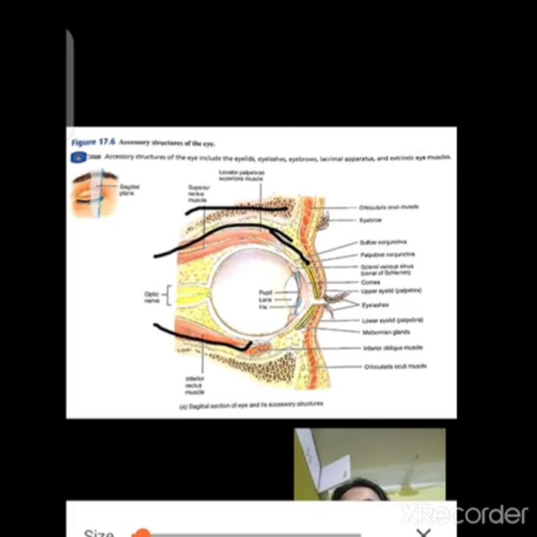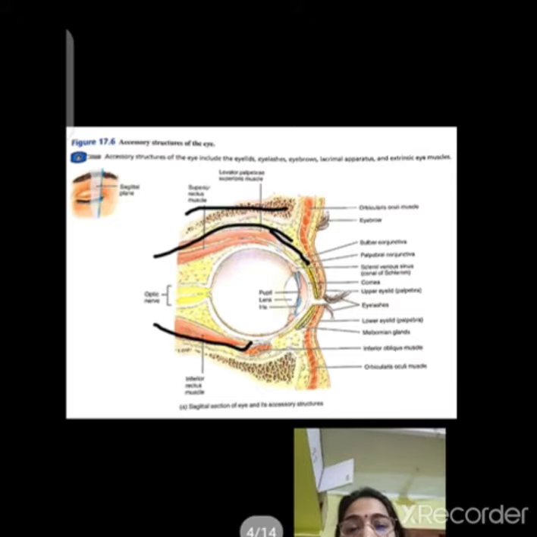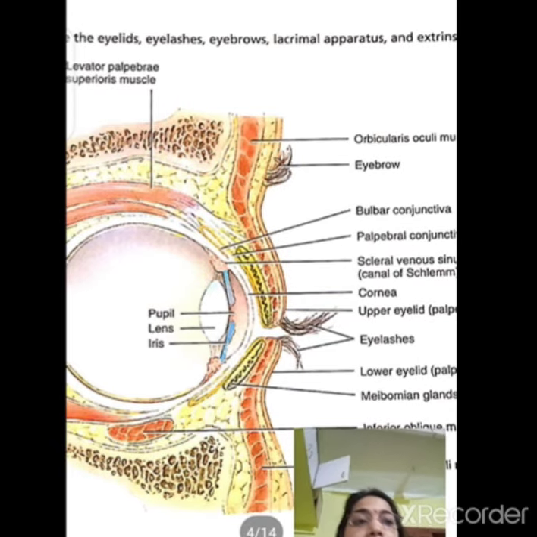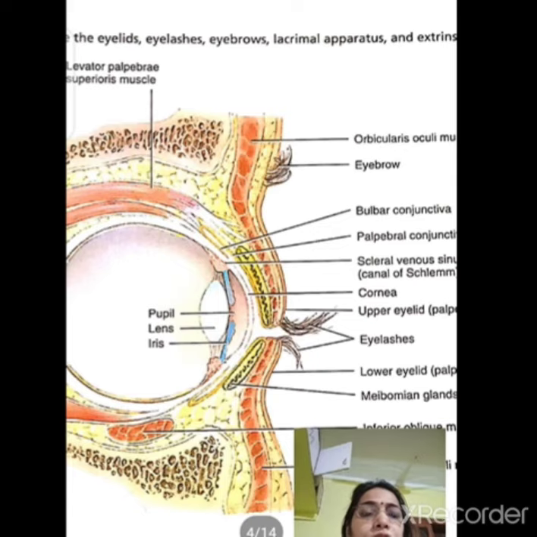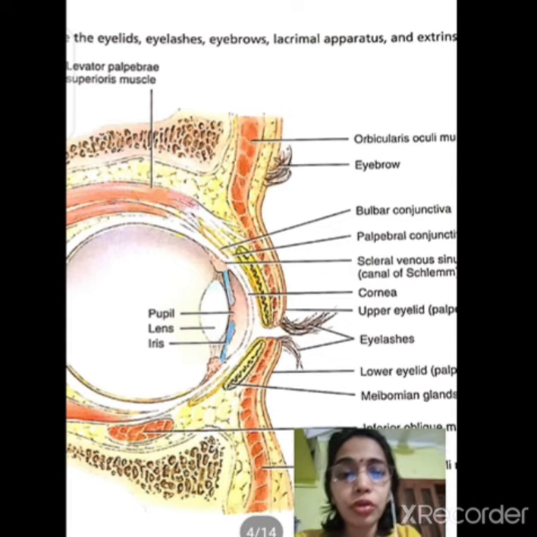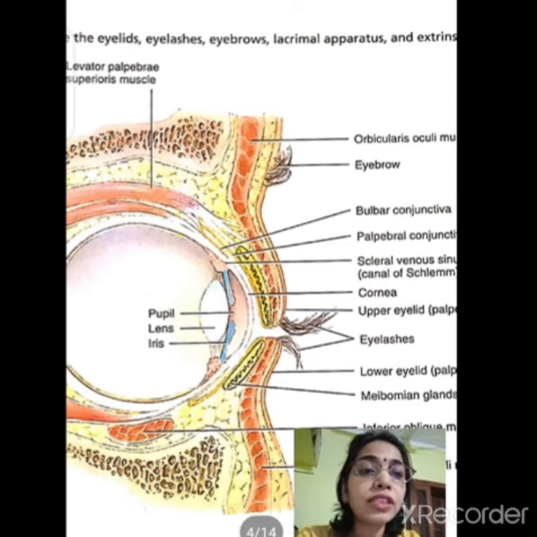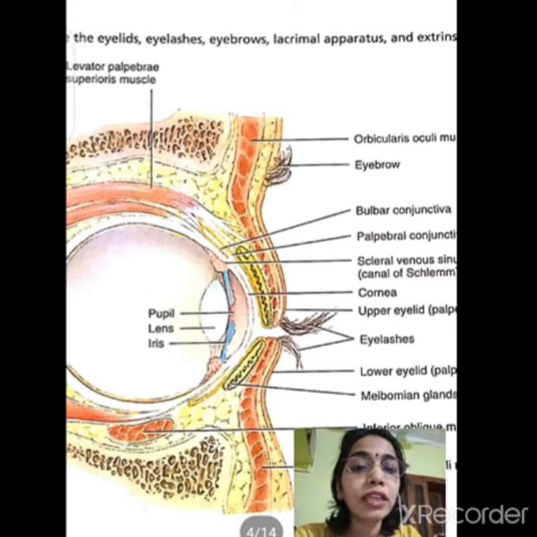You can see the superior rectus, inferior rectus, lateral rectus, medial rectus, superior oblique, inferior oblique. These are the muscles responsible for eye movement. In any direction I can move with the help of these 6 extrinsic muscles.